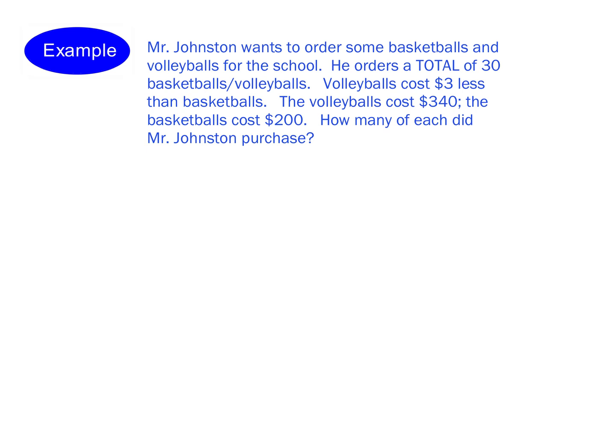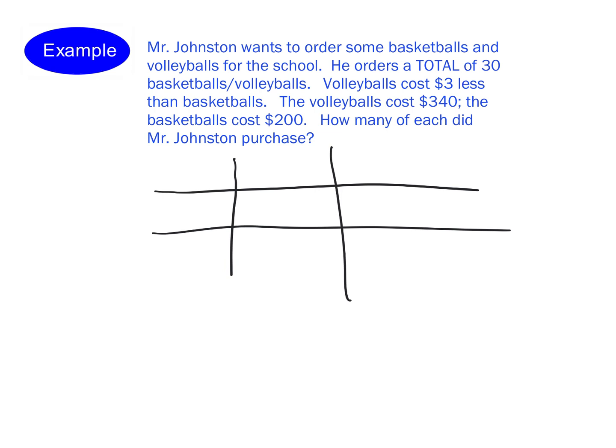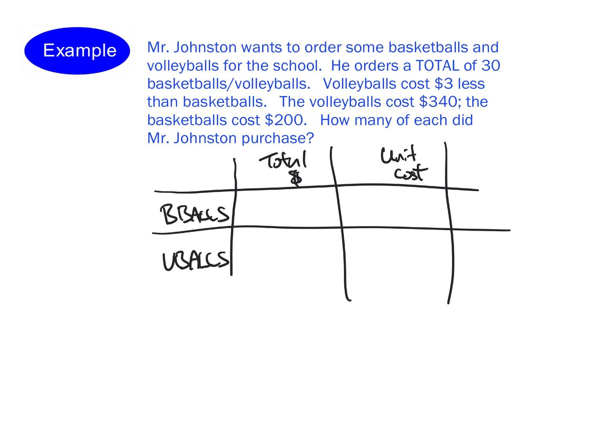So this is like the fly-in question. It's a chart question. In this question, we have basketballs and volleyballs. And we have total cost. We have unit cost, so that's the price per basketball or the price per volleyball.